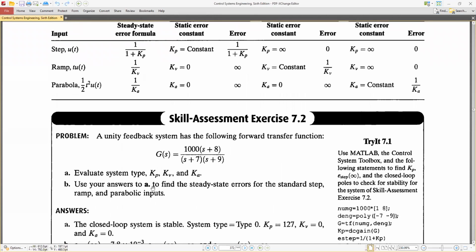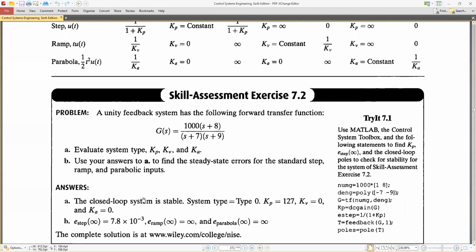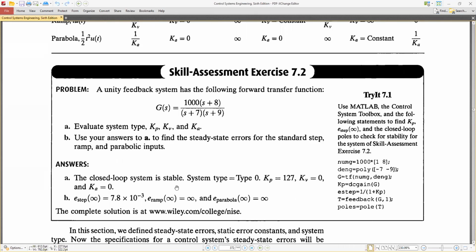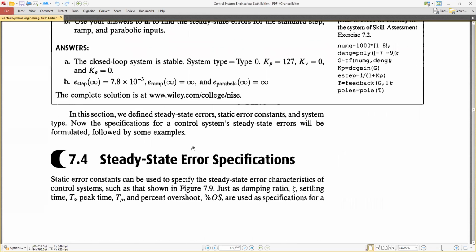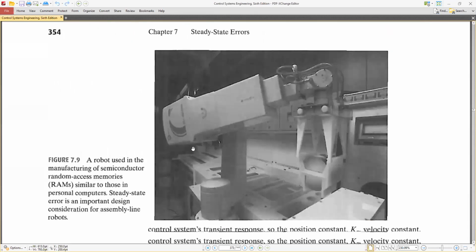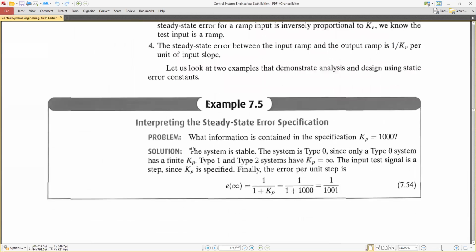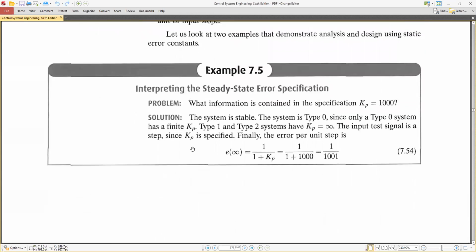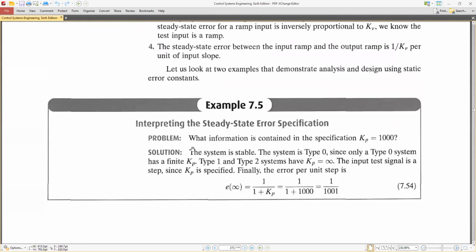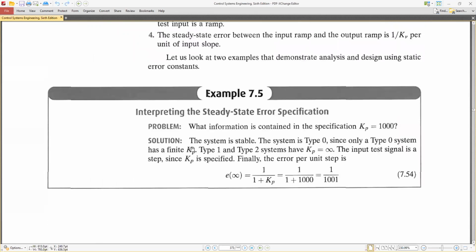And find the steady state error for the step, ramp and parabolic input. See, simple one. So check this one also, 7.2.